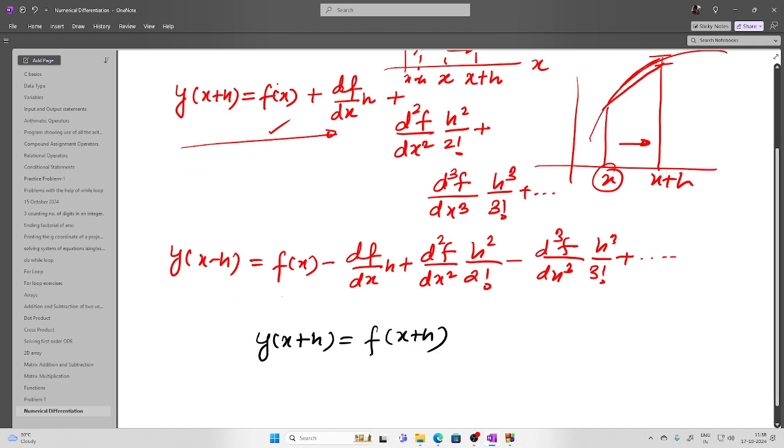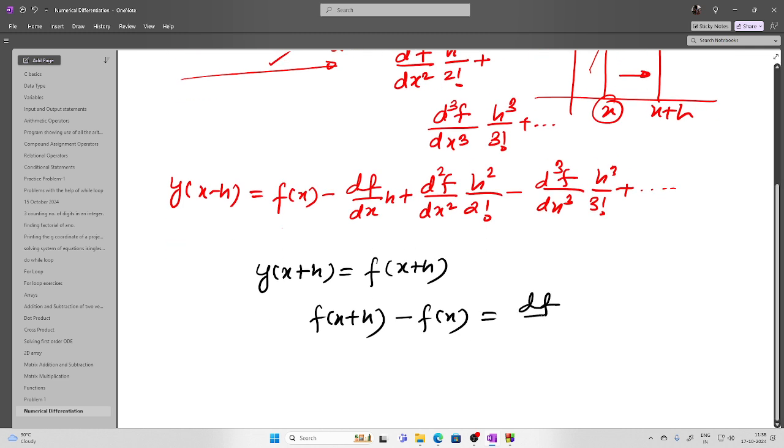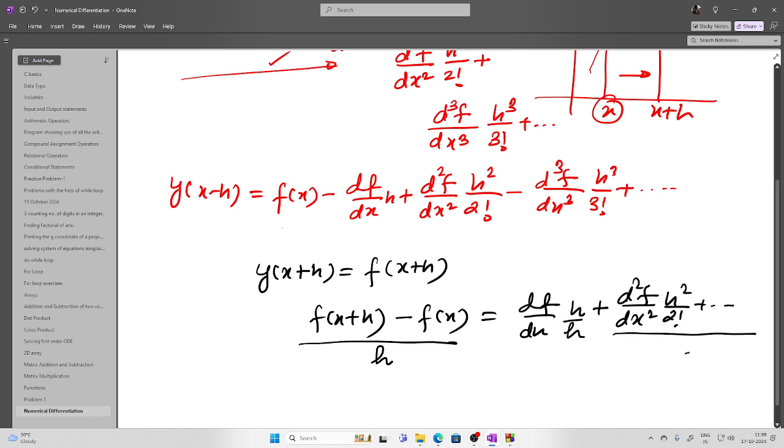So f(x plus h) minus f(x) will be equal to df by dx times h plus d2f by dx2 times h square by 2 factorial and so on. If you divide the whole equation by h, then you will be in a position to know the derivative of this function with respect to x.